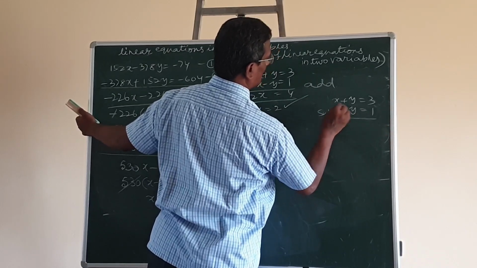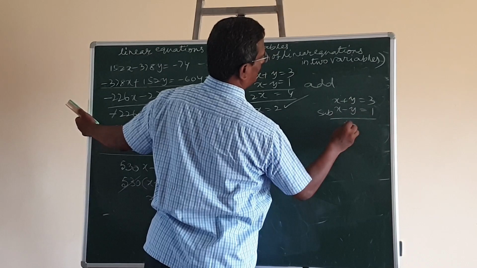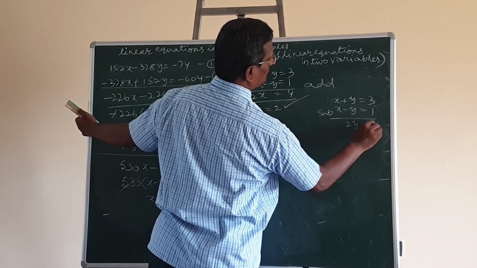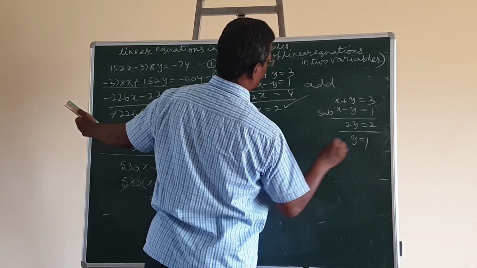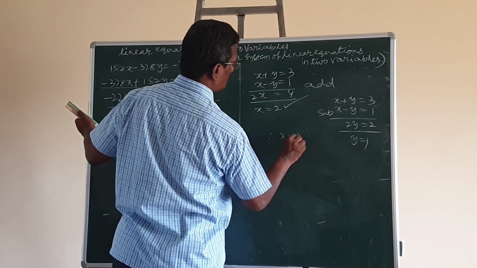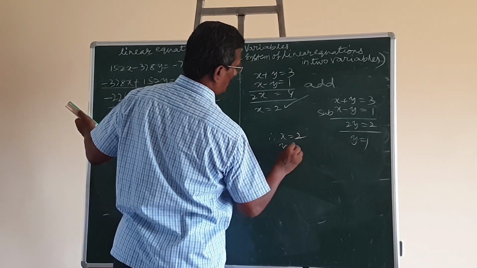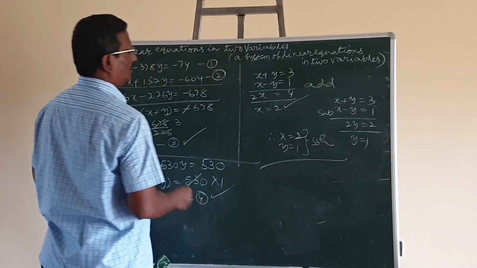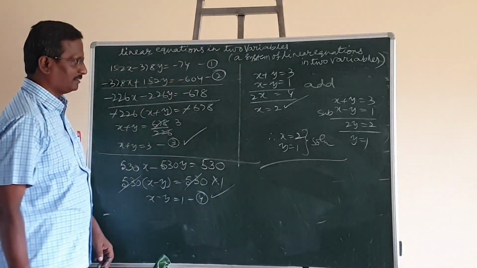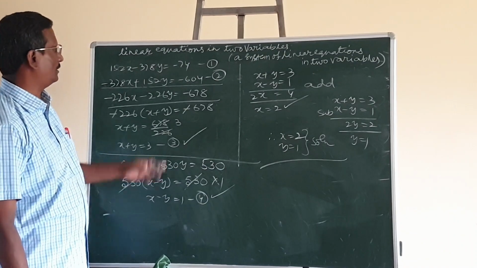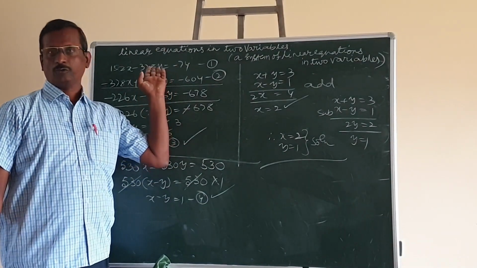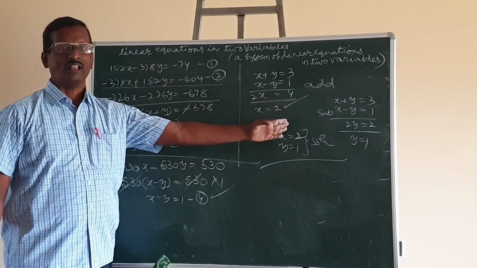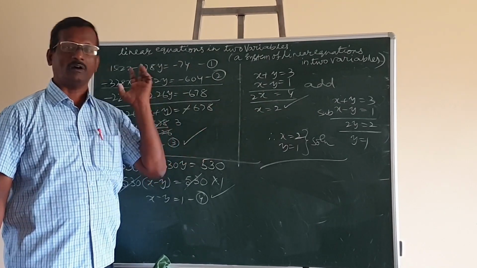On doing subtraction, x cancels, 2y is equal to 2, which means y is equal to 1. Therefore x is equal to 2 and y is equal to 1 is the solution. The solution for the system is x is equal to 2 and y is equal to 1. The problem is with the big coefficients, but the x value and y value are such small integers.